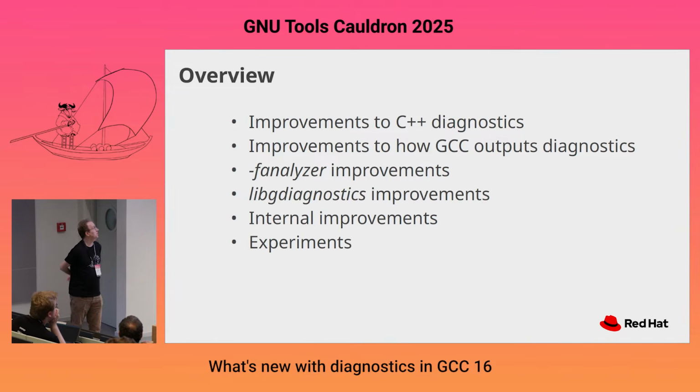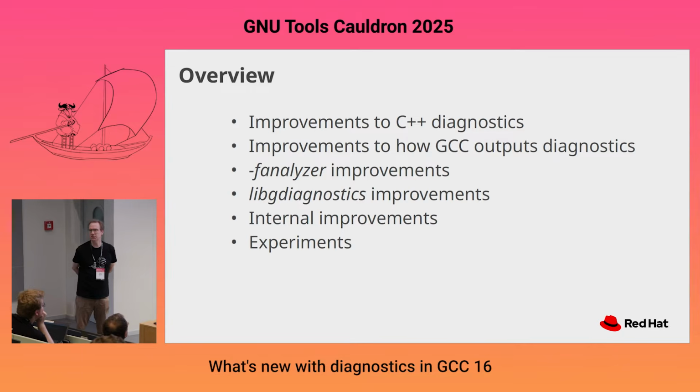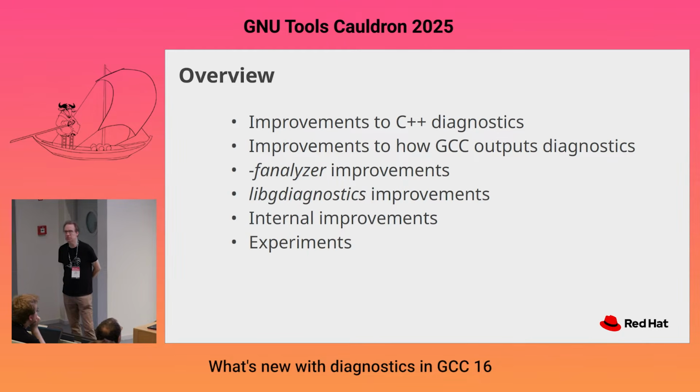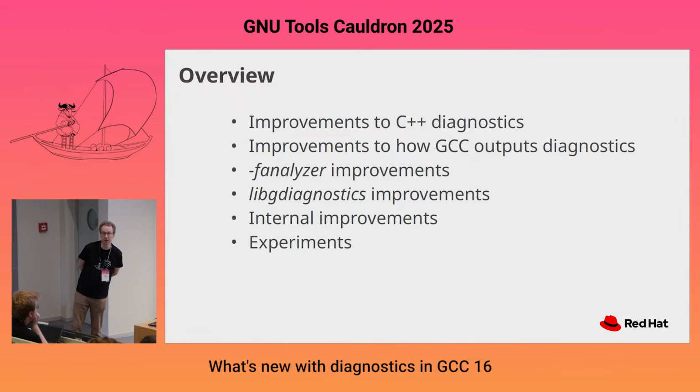There's libgdiagnostics. In GCC 15, we basically refactored things so that GCC's diagnostic code can now be used as a shared library from other programs, and there are C, C++, and Python bindings. So if you've got a Python script that's analyzing code or some other files, you can use our diagnostic subsystem to do underlined, quoted fragments of the code, fix-it hints, and generating patches and that lot.